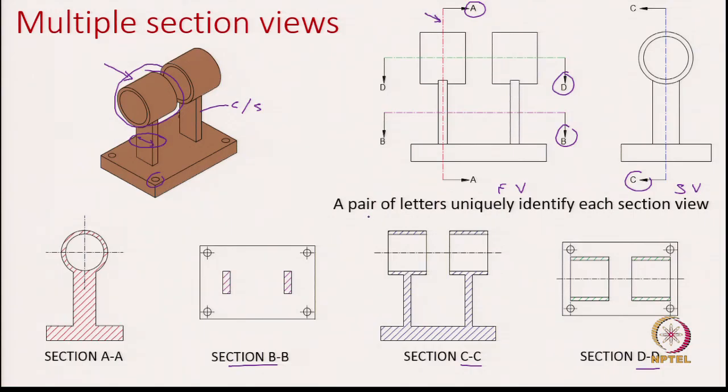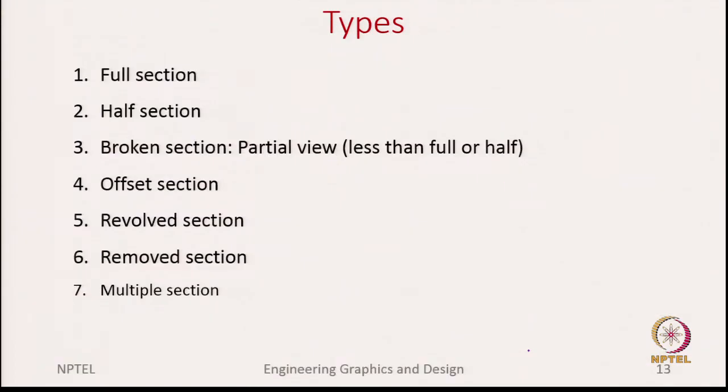So, with this we summarize the different kinds of views. I think we already mentioned that the pair of letters uniquely identifies the section view. So, this AA, BB, CC and DD. So, in summary what we have seen is the different kinds of views. The first three are basically how much of the section you are showing.